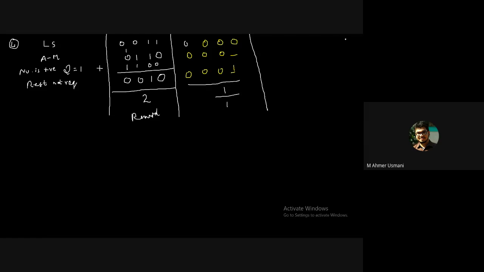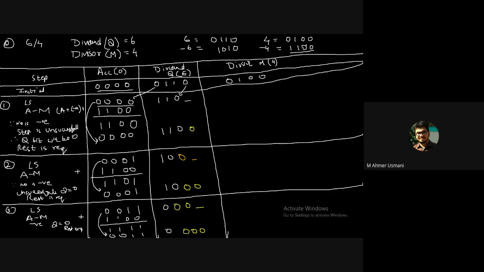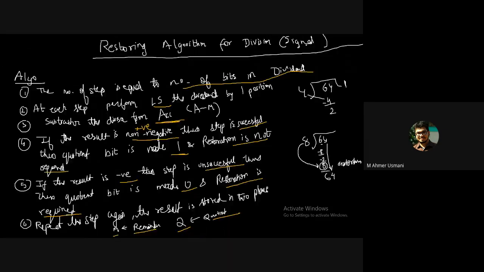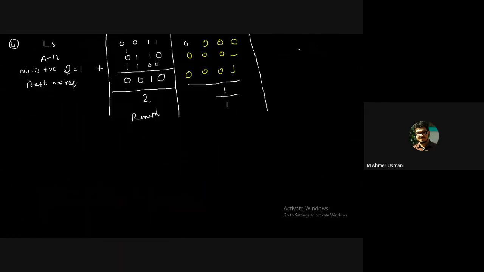What was the question? 4 divided by 6? If we divide 4 by 6, what will we get as the answer? Remainder 2 and quotient 1. Are we getting the same thing? So this is how we perform the division.